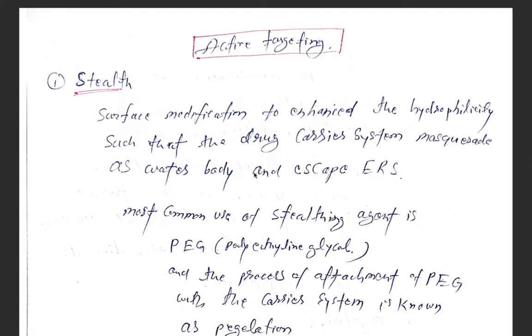Before, in this video, we have seen the major challenge of drug targeting is the RES, to pass the barrier of the RES. So the surface modification will enhance the hydrophilicity of the drug carrier system, so it can easily escape the RES and masquerade as a water body.